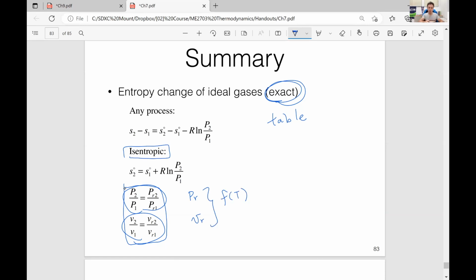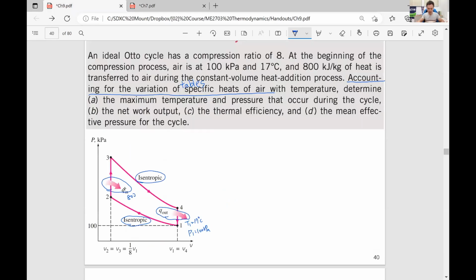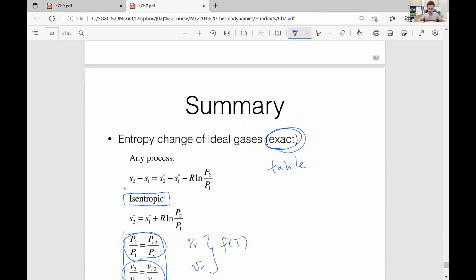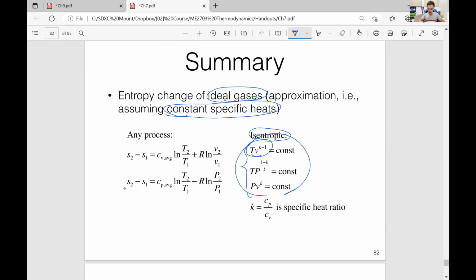So as long as you know the temperature, you can get the relative pressure or relative specific volume, or vice versa. If you know the relative pressure or relative specific volume, you can use the table to find the temperature. So let's go back here. In this case we need to use the tables. We don't use these three equations because they require the constant specific heat assumption.